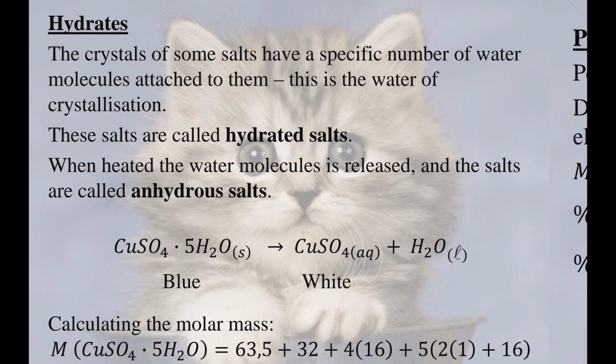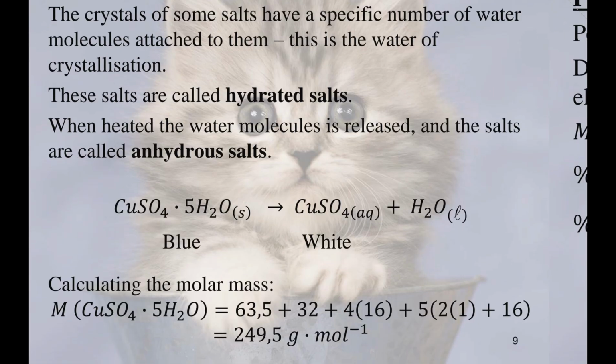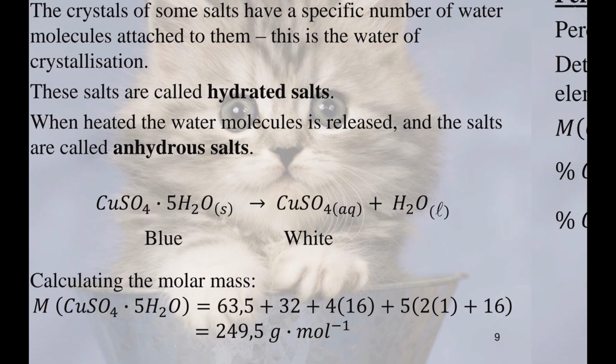This is the water of crystallization. When this blue salt is heated, the water molecules are released and the salt is called anhydrous. You can see it's white now. It was blue and then it was heated, and we found copper sulfate, which becomes white, and you will have your H2O.